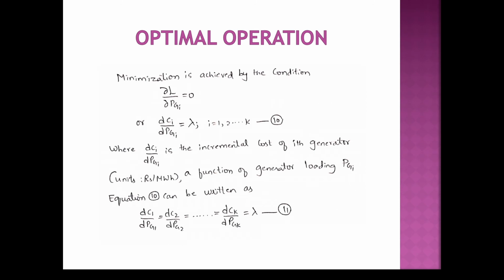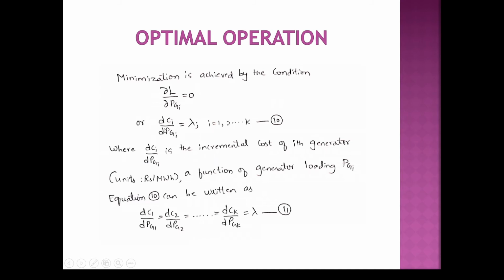So minimization can be achieved by the condition: differentiate the Lagrangian with respect to PGi and equate it to 0. Partial derivative of Lagrangian L, dou L by dou PGi equal to 0, or dou Ci by dou PGi is equal to lambda, for i equal to 1, 2, 3 and so on till K. What is this dCi by dPGi?